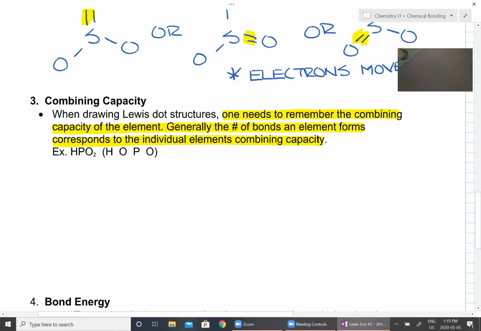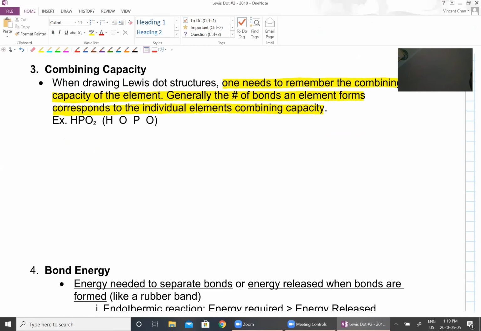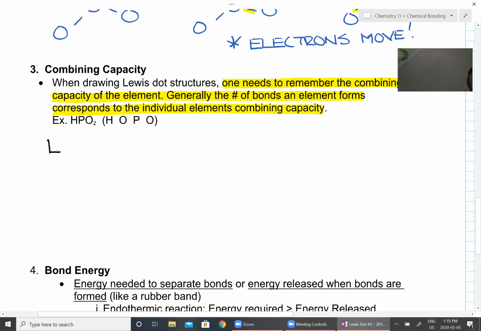So last day, remember, I gave the example of HPO2, and I gave you the structure, and the answer was H-O-P double bond O. Okay, and I drew it like this, and we're okay.